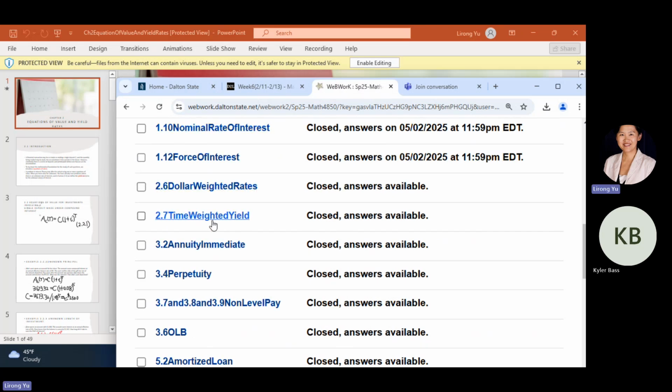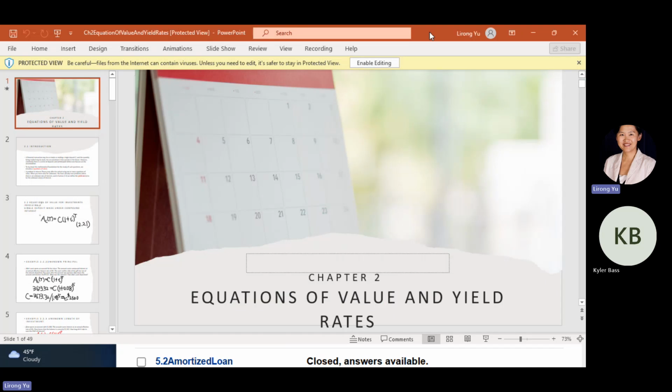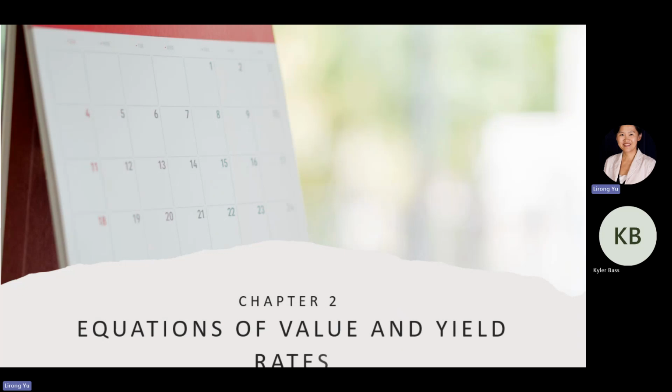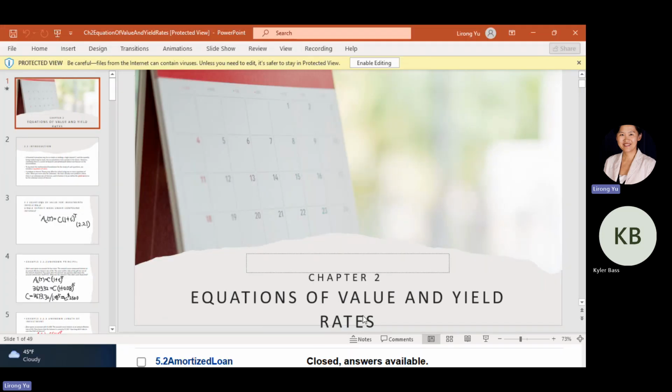The rest of them are 2.6 and 2.7. I didn't really assign anything for 2.5 and 2.6 since they're pretty much similar content to 2.3. All right, so the whole chapter 2 focused on using the equation of value to solve related questions.